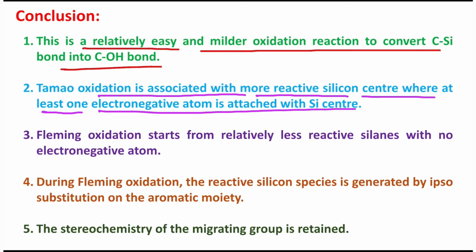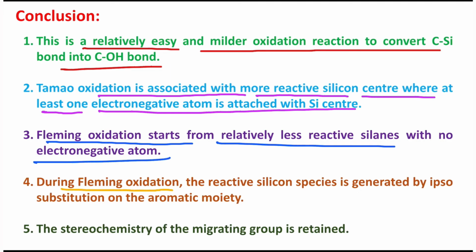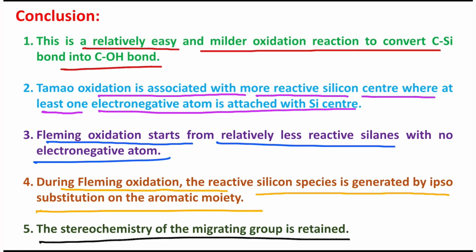Now second, Fleming oxidation starts from relatively less reactive silanes, like phenyl attached with no electronegative atom, but in the next step, the reactive silicon species is generated by ipso substitution on the aromatic moiety. And in this case, the stereochemistry of the migrating group is retained. So that's the most interesting point.